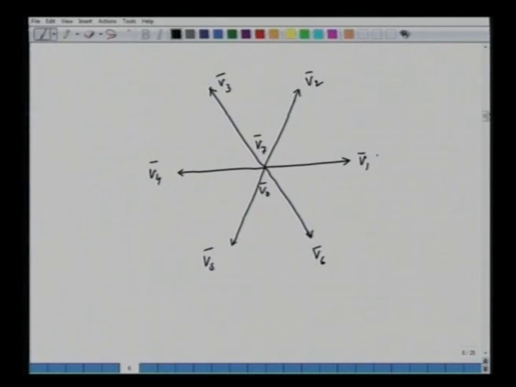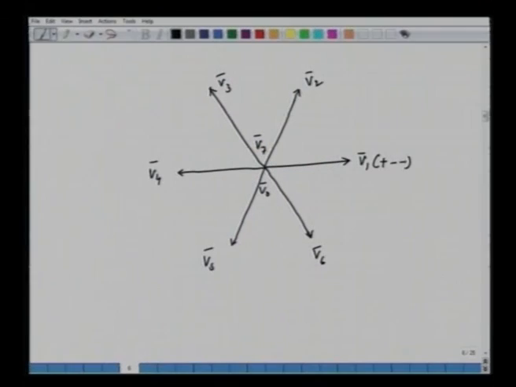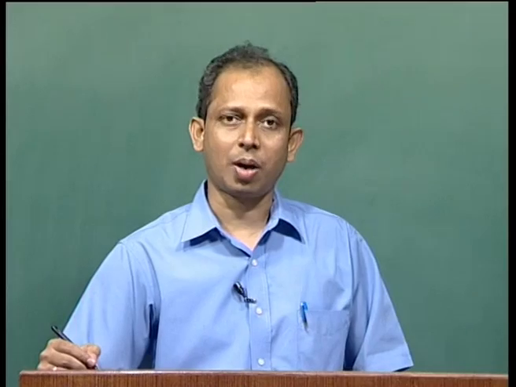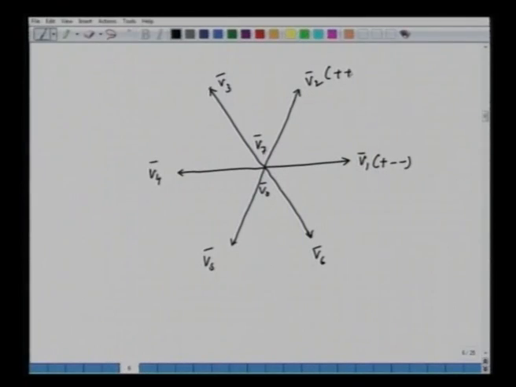If you remember, each voltage vector was associated with some switch condition. For example, V1 was associated with plus minus minus, which means the phase A upper switch was turned on, and the phase B and C lower switches were turned on. Similarly, V2 was plus plus minus: phase A and phase B upper switches are turned on, and the phase C lower switch is turned on.